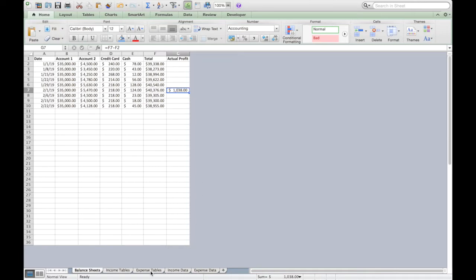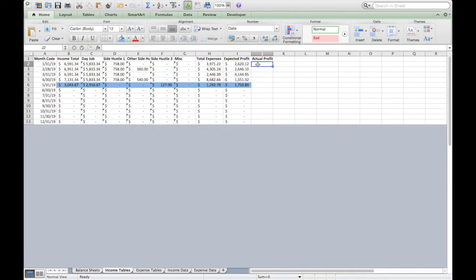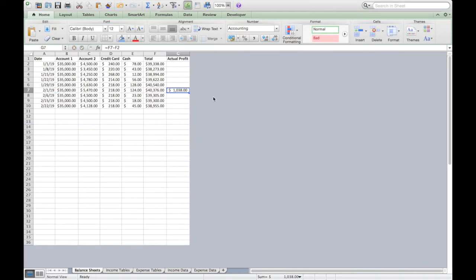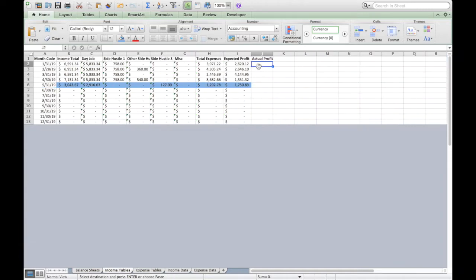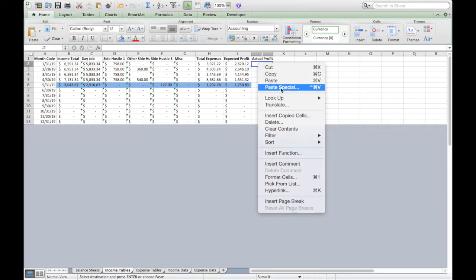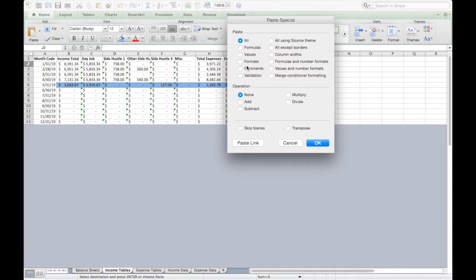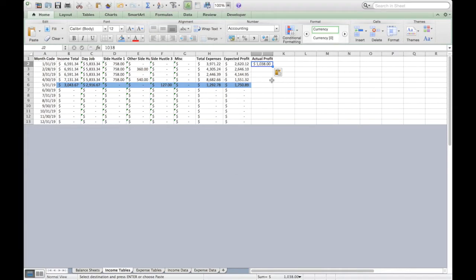Okay? So, we go over to income tables. And here, it's going to be the same value. I'm going to copy the value. Command C. Income tables. And I paste values. Good.